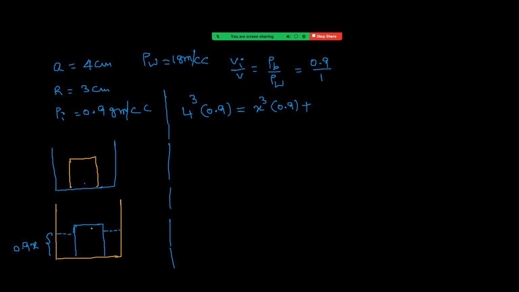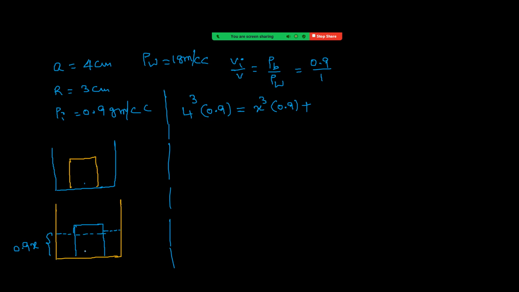Now see carefully. I want to calculate only this part of the volume. Then what we have to do is first find the volume of this part of the cylinder. From this volume, subtract the volume of this part of the ice. That gives the volume of water. I am repeating. First calculate the volume of this part of the cylinder.